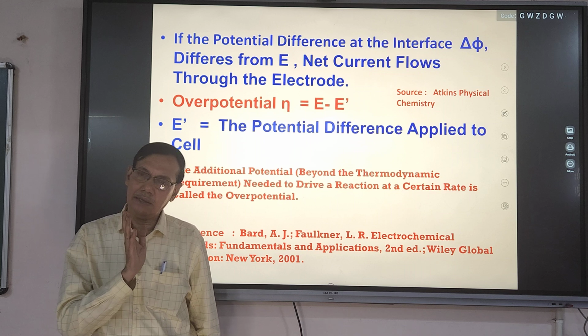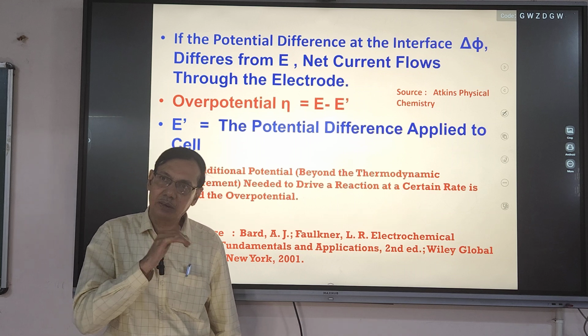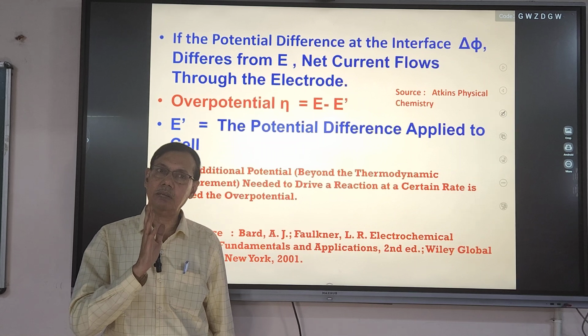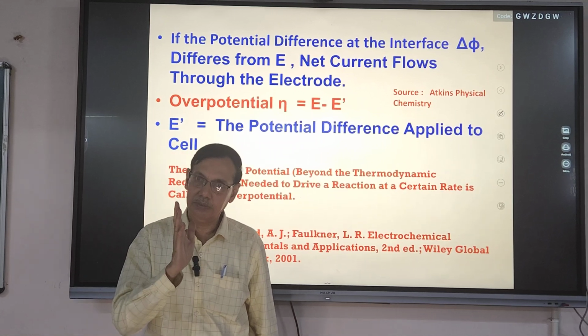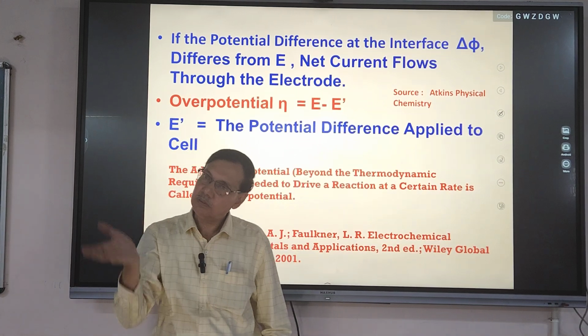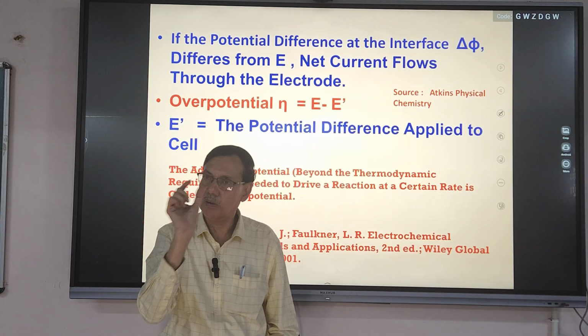Now if we want to change the voltage, I need some electrocatalysis. So what would be the overpotential? The overpotential is the thermodynamic E minus that of the catalyst. That is called overpotential.